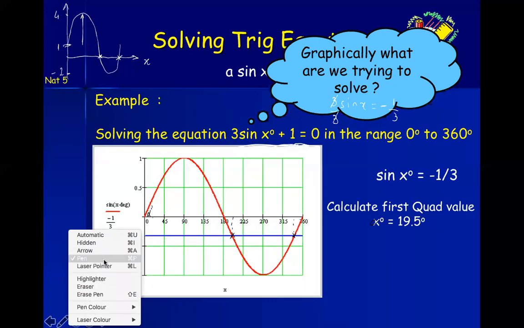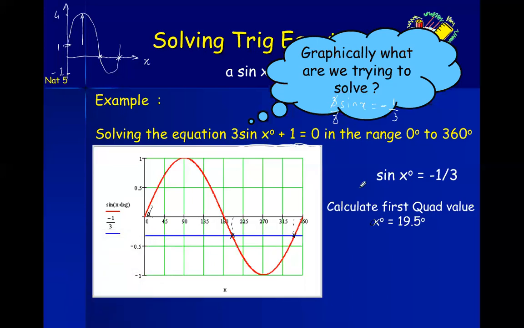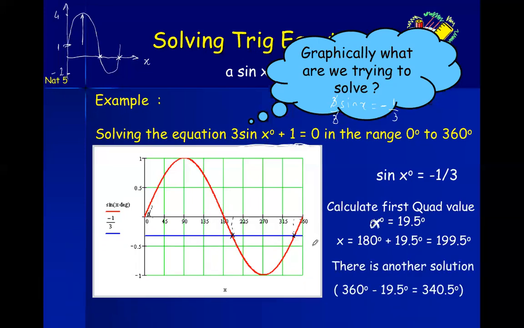If you put x, it's as if you're giving x as your answer, but you're looking for the angle alpha first. Sometimes alpha and x are the same. Now the real x is at 180 plus alpha, and the other one is at 360 take away alpha.